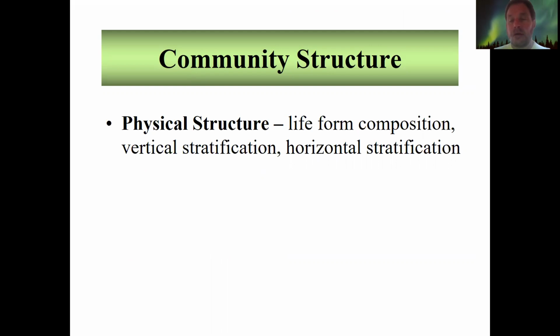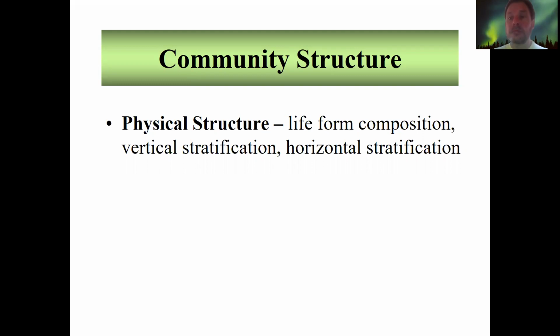Communities are structured. They have a physical structure, which includes what they look like. Do they have big, tall things like trees? Do they have small, short, herbaceous things like grasses? Do they have shrubs? What is their life form? Also, are they layered?